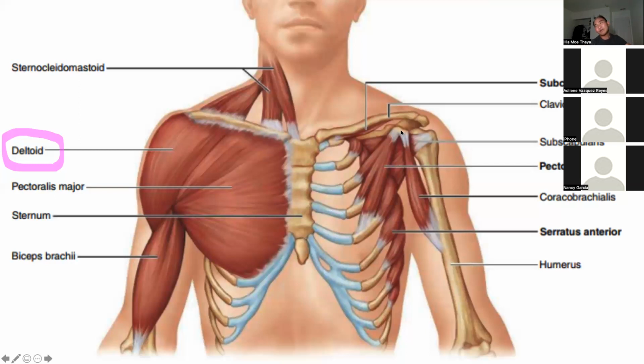And from the coracoid process, another muscle originates and goes to the humerus. That is what we call the coracobrachialis muscle.